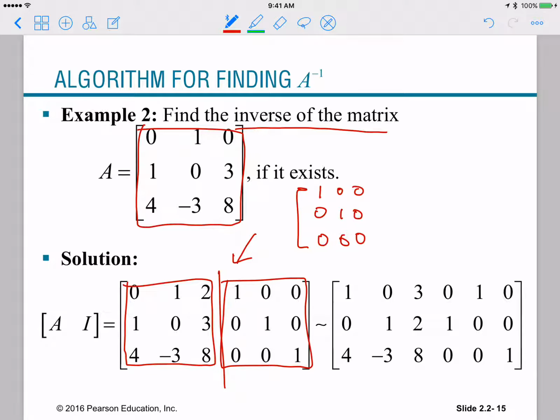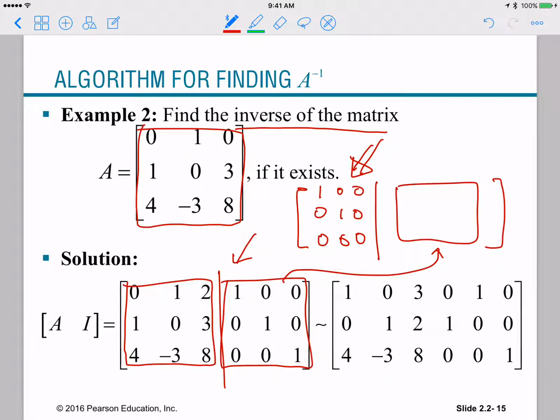Unfortunately, we have a zero row. In this case we will have some matrix on the right, starting from the identity matrix, but the problem is you couldn't obtain the identity matrix as a reduced echelon form. That's when you can conclude that this matrix is not invertible, so no inverse exists for this matrix A.